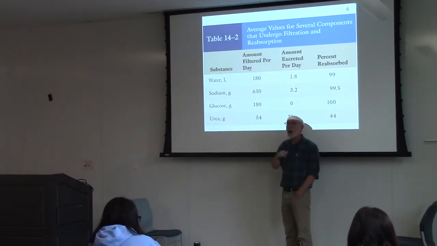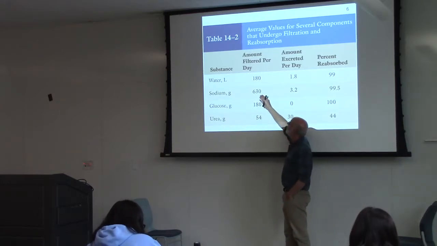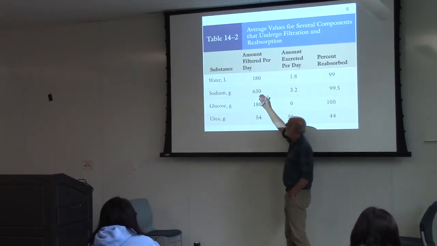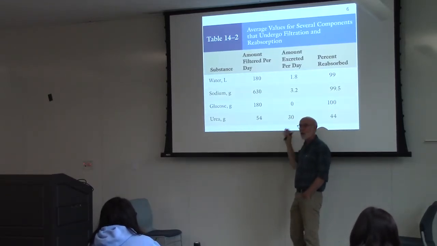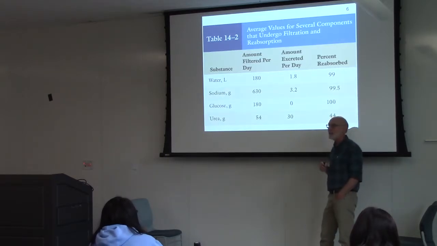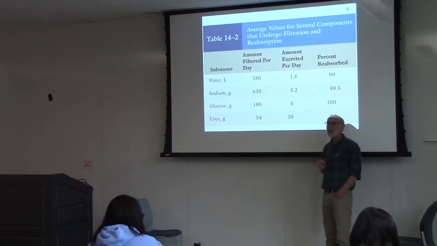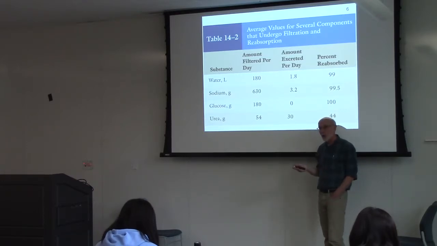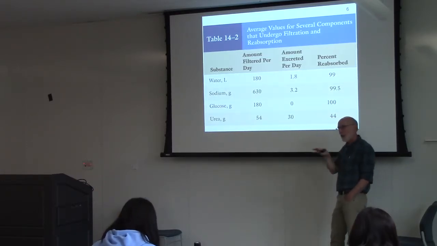In your problem set, you're going to do some calculations of filtration and excretion of sodium, and I think I have creatinine as well. So you're going to be calculating some things related to clearance, filtered load, excreted load, comparing them for the problem set.